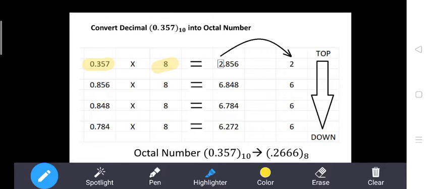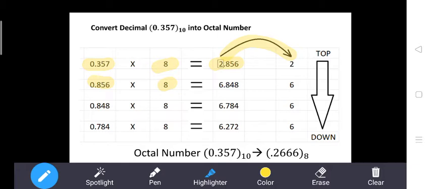But in this case, we want to convert floating decimal into an octal number, so we multiply the floating decimal number by 8. So my multiplication gives 2.856, out of which I take out 2 and my remaining number is 0.856, which is again multiplied by 8.